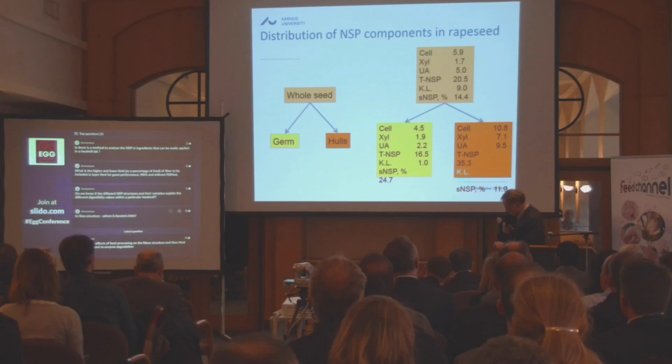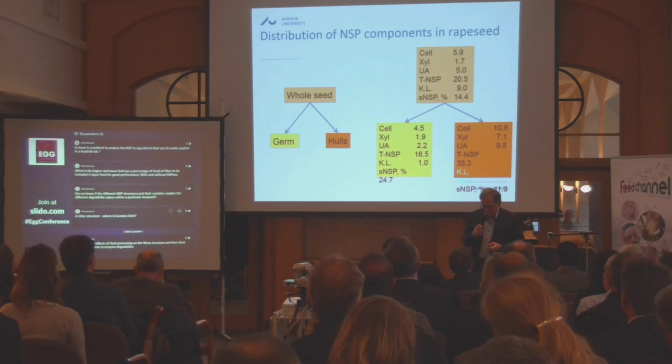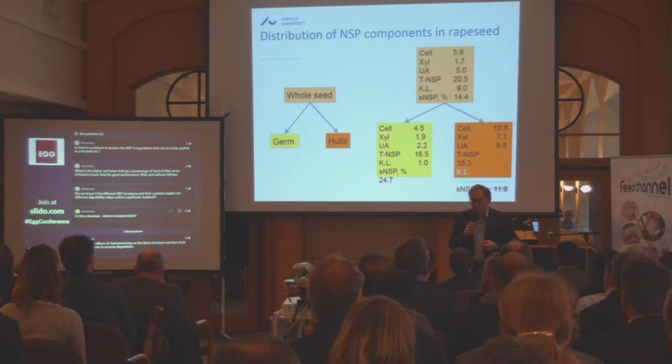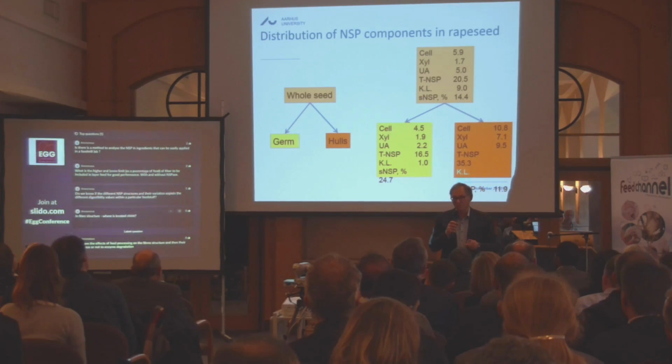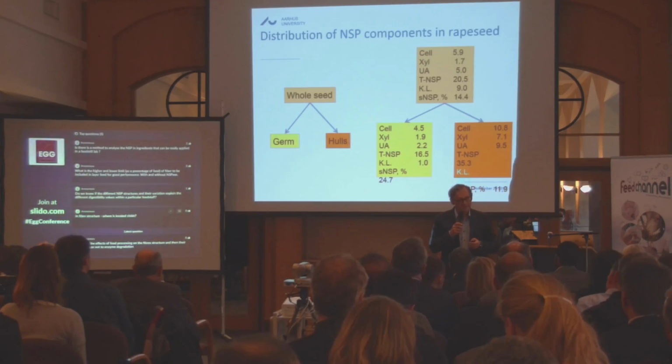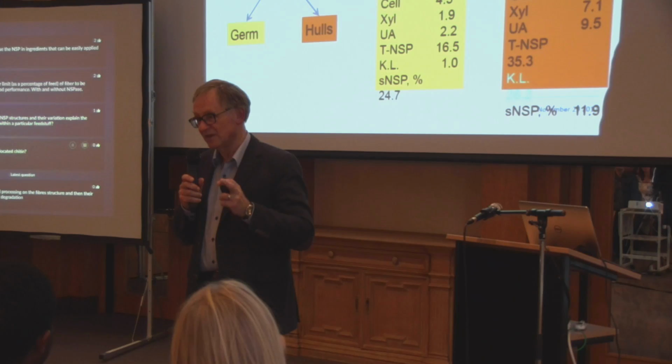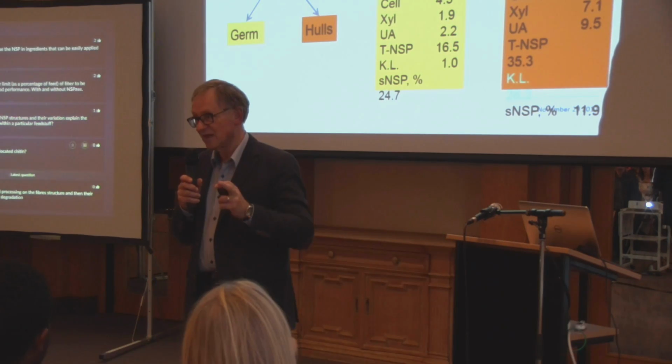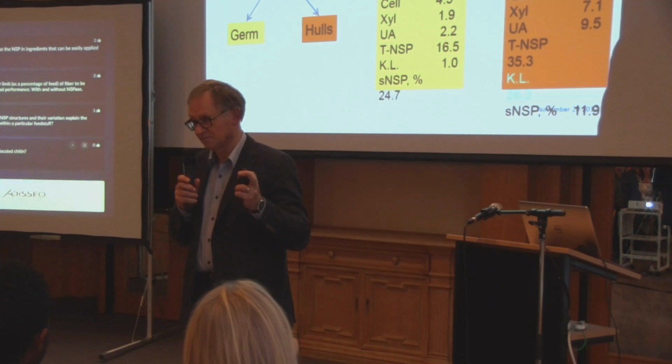With regard to the hulls from the rapeseeds, this is one of the special aspects of rapeseed. That is that in rapeseeds there is a relatively high proportion of the grain's protein and amino acids associated with this layer.